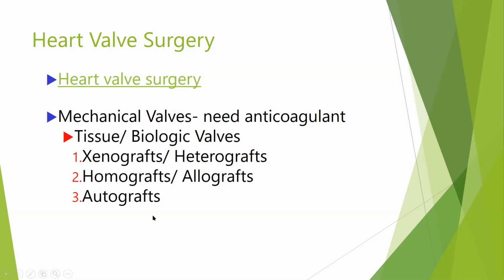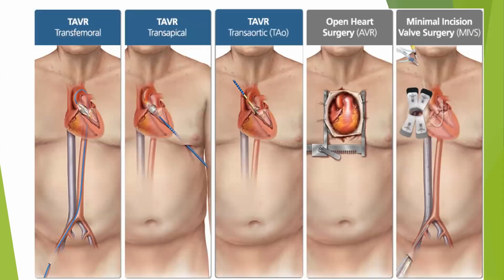So then homografts and allografts are human valves from donors. And an autograft is a valve that's translocated. An example of that is a pulmonic valve used for an aortic valve. And there's a video, in this video, they take tissue from the pericardium and create a valve. All kinds of things they can do.